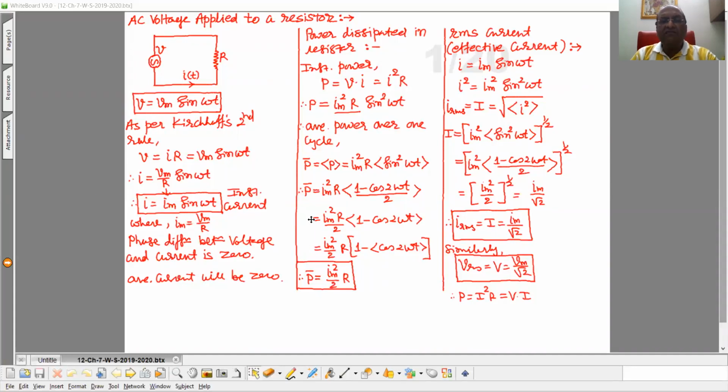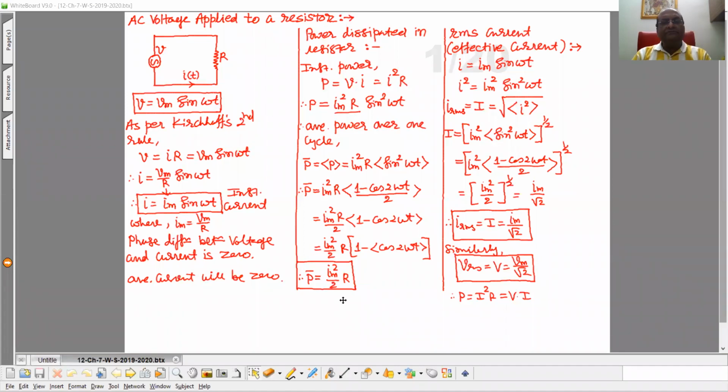So we can write average power as Im square R by 2 into 1 minus cos 2 omega t. So Im square by 2 into R; 1 is constant, so we have to take the average of cos 2 omega t. But the average of cos 2 omega t over one period is equal to 0. So simply we can write average power is Im square by 2 into R.